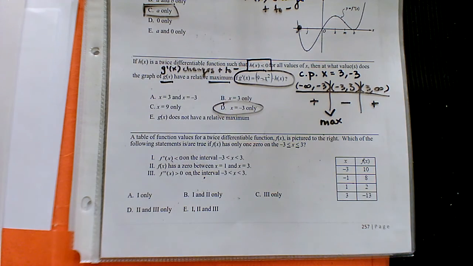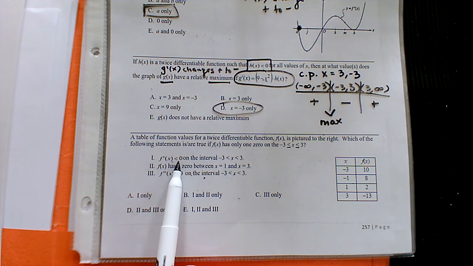All right, last one. A table of a twice differentiable function is pictured to the right. Which of the following statements are true if f has only one x-intercept between -3 and +3? All right, the first derivative is negative, less than 0, on the interval -3 to +3.